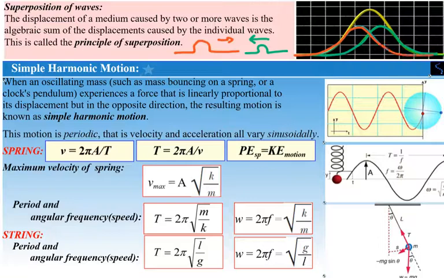When they meet, you see the yellow wave, and even though the red one is traveling to the left and the green one is traveling to the right, after they pass each other, they will continue moving in the direction they were moving. But at the moment when they meet, they have a superposition, so their amplitude is rising. That one is called the principle of superposition.